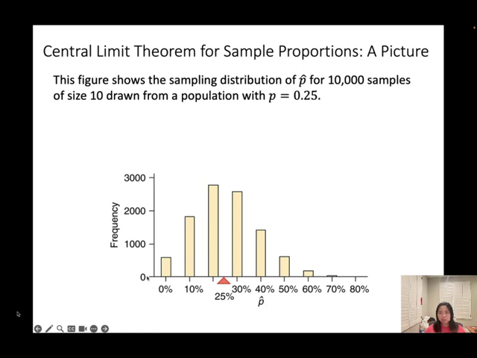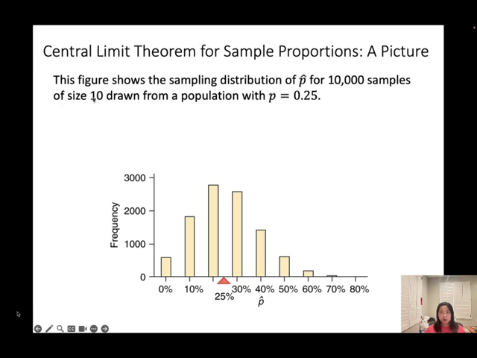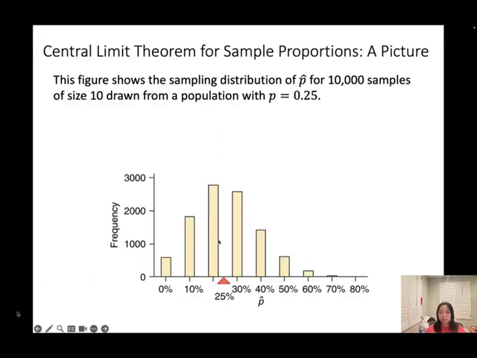You can see this is not a normal distribution because it doesn't fulfill the second requirement. If I use n times the population proportion, 10 times 0.25 is only 2.5. That is less than 10, so it doesn't fulfill the second requirement. That's why this is not a normal distribution.